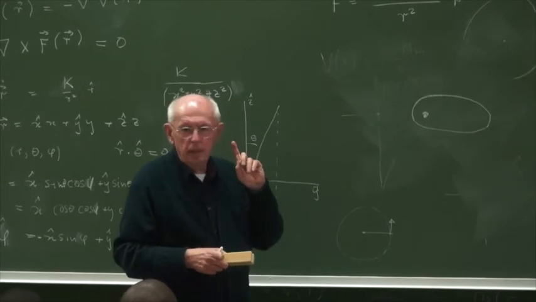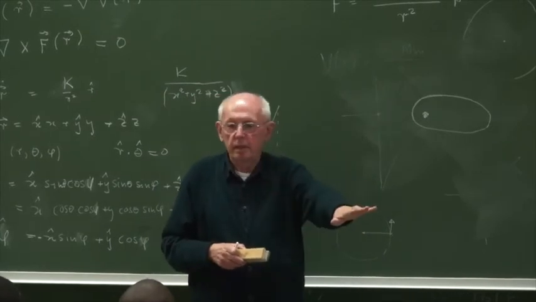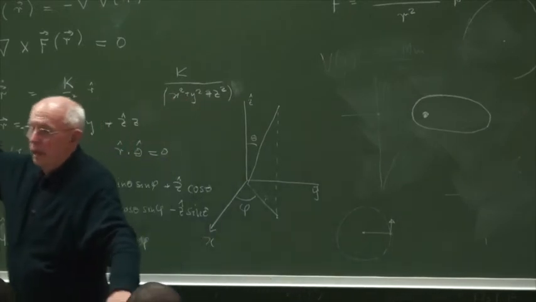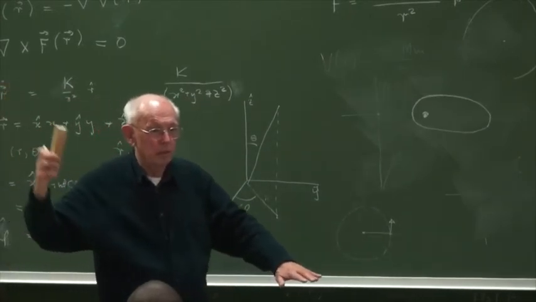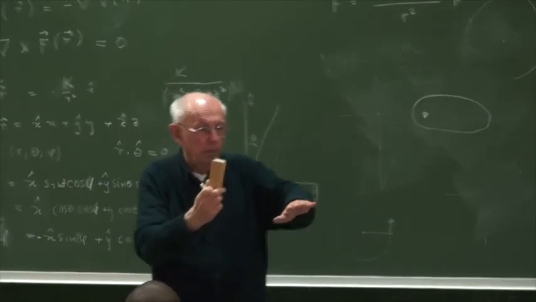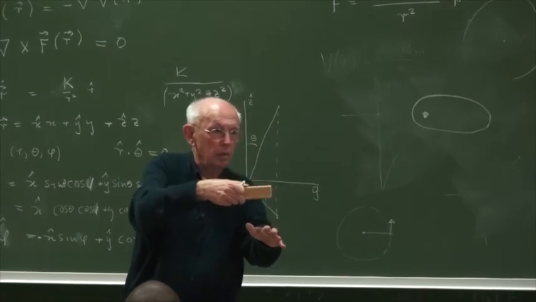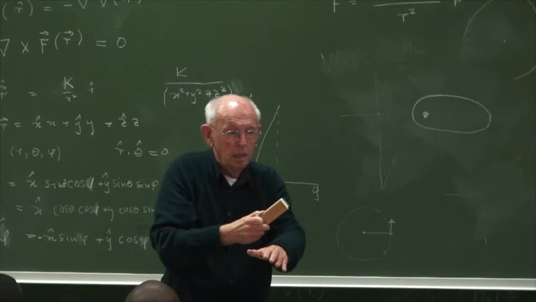The interesting thing about our planets is, well, first of all, the planets stay in a plane. That you can see, because angular momentum is a conserved quantity. If it would turn like this, you would have to add angular momentum, because then the angular momentum would show in a different direction.